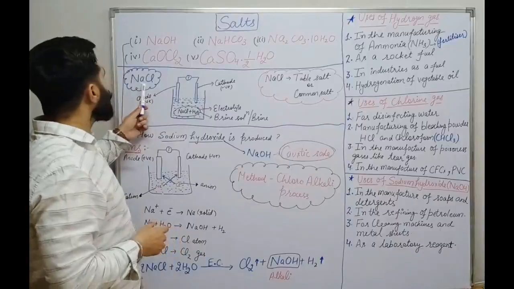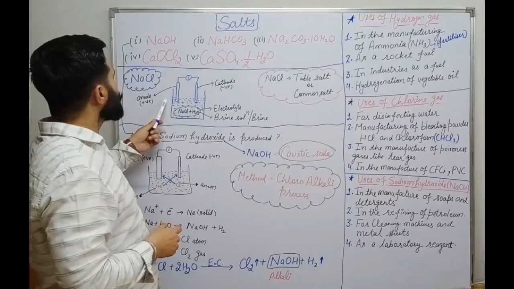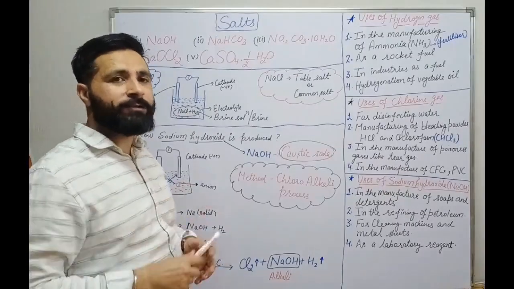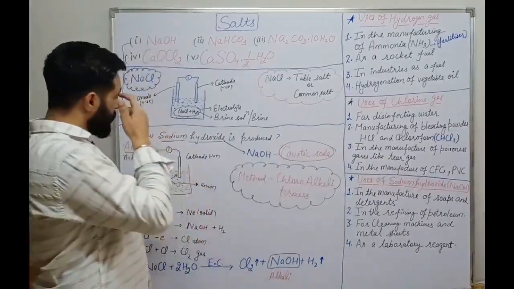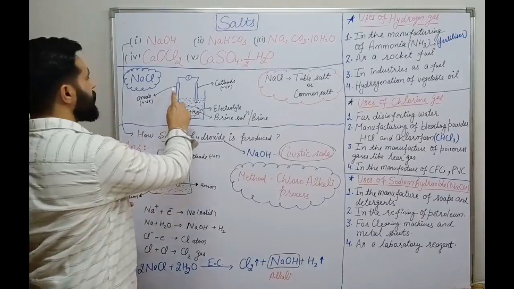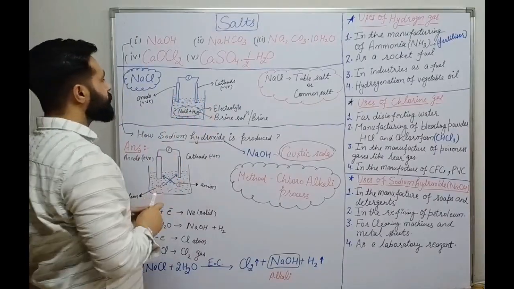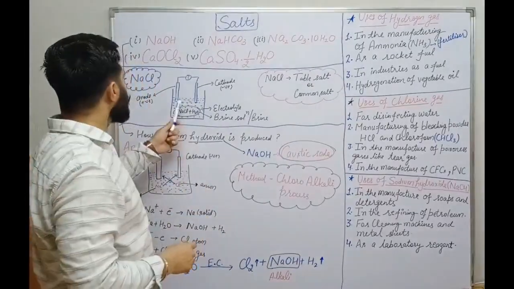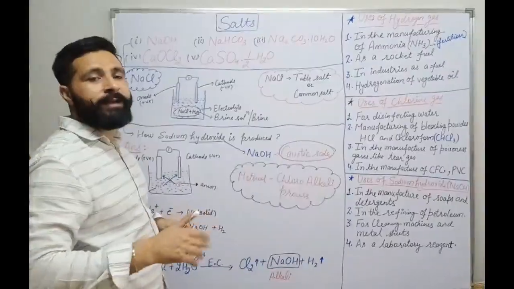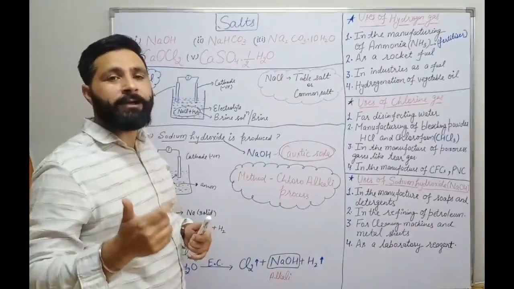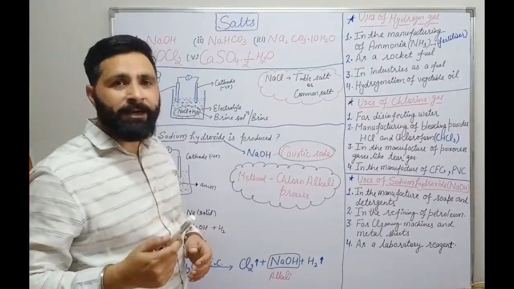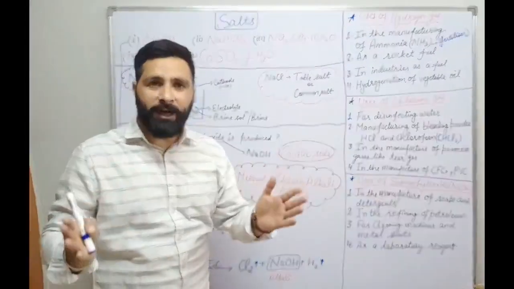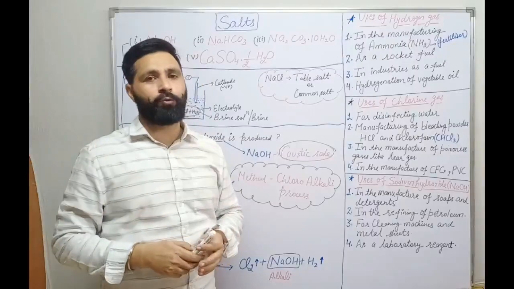So beta, common salt, when we use it in the electrolysis method, first listen, what is the electrolysis method? It is a container in which 2 rods, electrodes, are dipped. Where are they dipped? In electrolyte solution. What is an electrolyte? A solution which splits into its ions when current is passed through it.